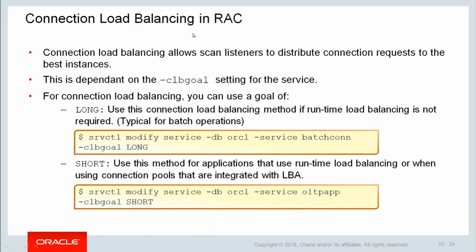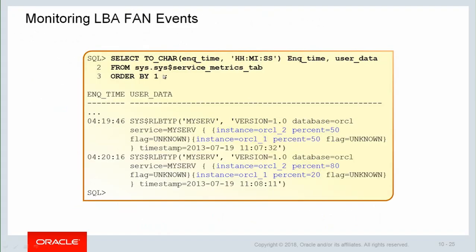And connection load balancing. So we have runtime-based load balancing, that's what I explained, and connection-time-based load balancing. And this is an example of a runtime load balancing message. At 4:19:46, instance 1 and instance 2 are equally loaded.